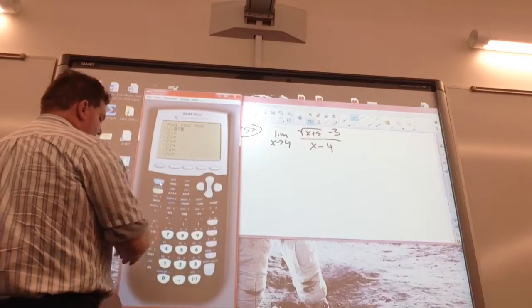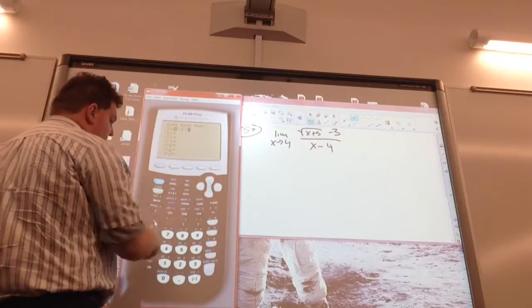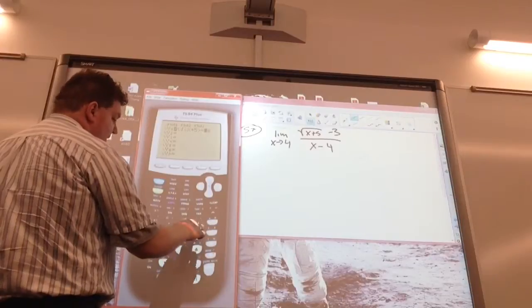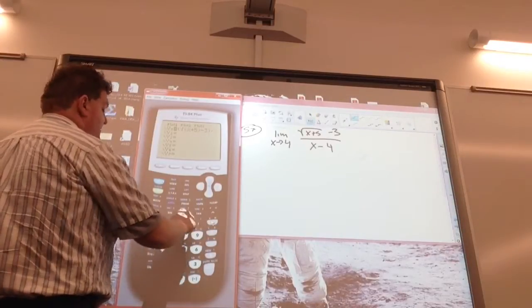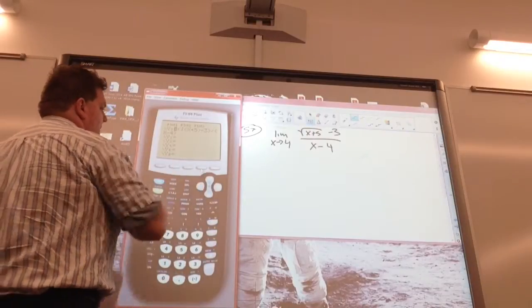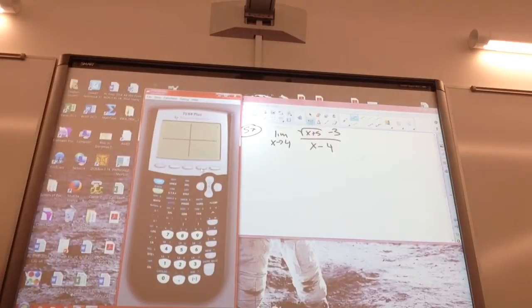So parentheses, square root of x plus 5, close parentheses, minus 3, close parentheses, divided by, parentheses, x minus 4, close parentheses. Then we'll graph that, and you're going to see the most underwhelming picture ever, just a tiny little line.